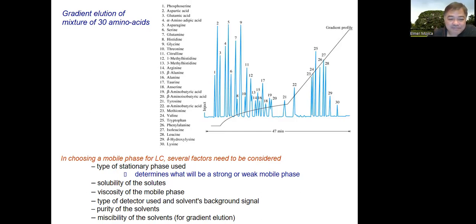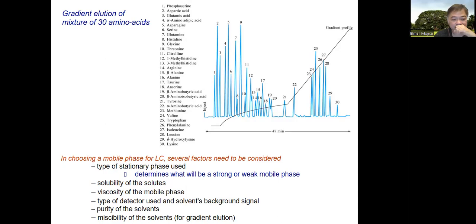Now, there are several things that you need to take into consideration in choosing a mobile phase for LC. You have to consider some of these factors. The type of stationary phase that you're going to use, so you can determine what will be a strong or a weak mobile phase. Are you going to use a polar or a non-polar column? And then you have to look at the solubility of the solute.